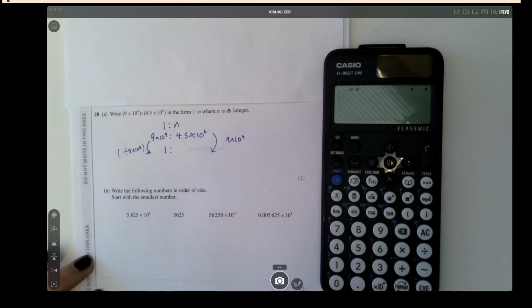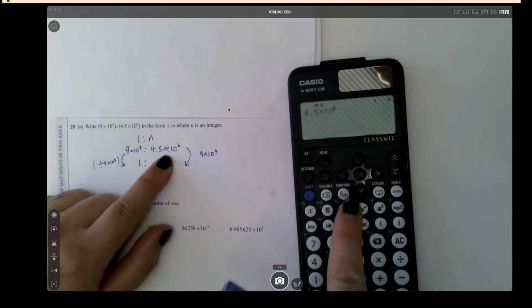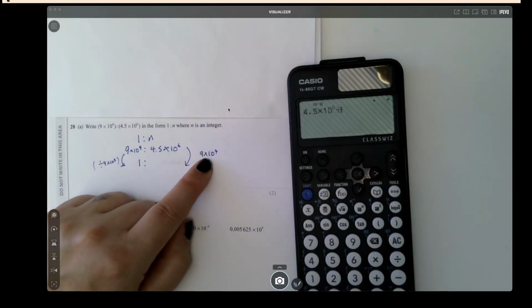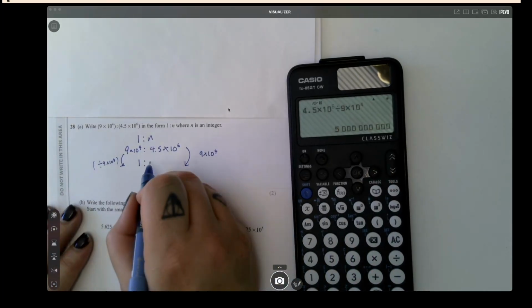So this is your standard form button here. Okay, so we're going to use that now. So we're going to write 4.5 times 10 to the power of 6, divided by 9 times 10 to the power of 4, which gives us a big number.